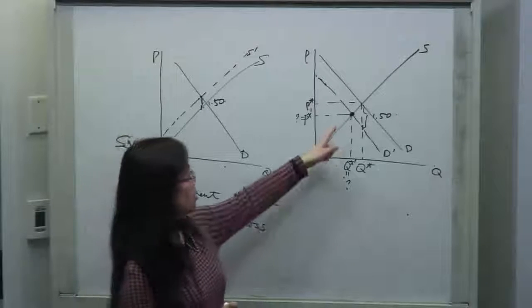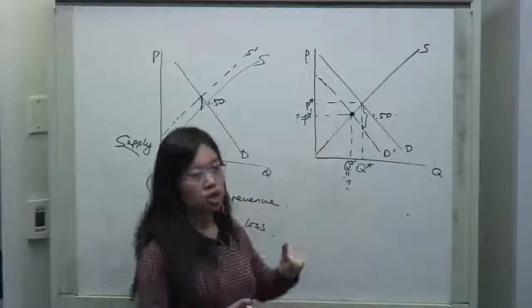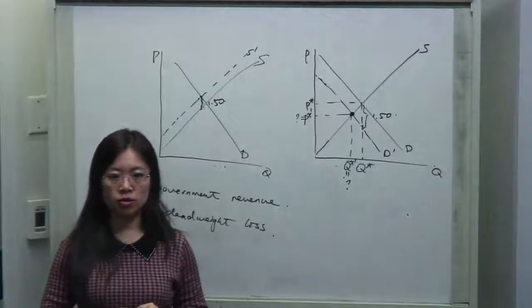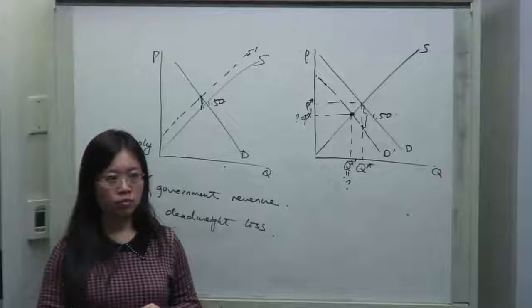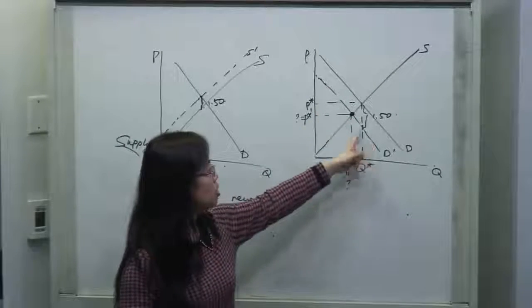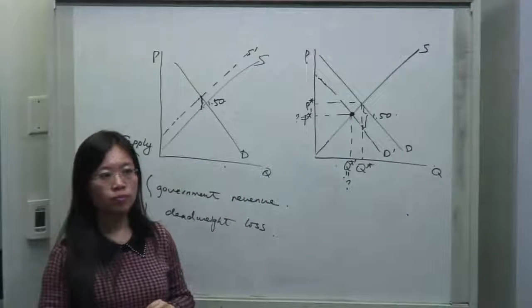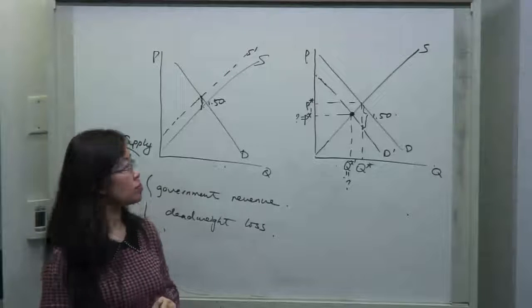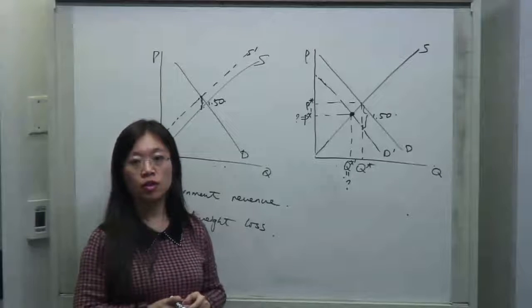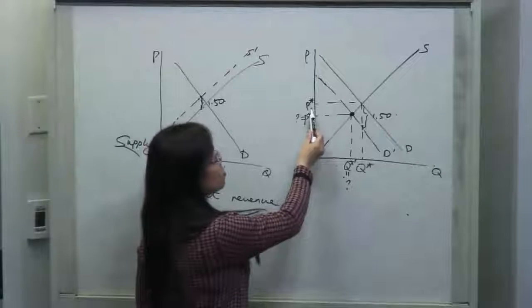Can you guys tell me, after demand shifted here, which area represents consumer surplus? After your demand is shifted to a new place, which area represents consumer surplus now? From P1 up. From here?